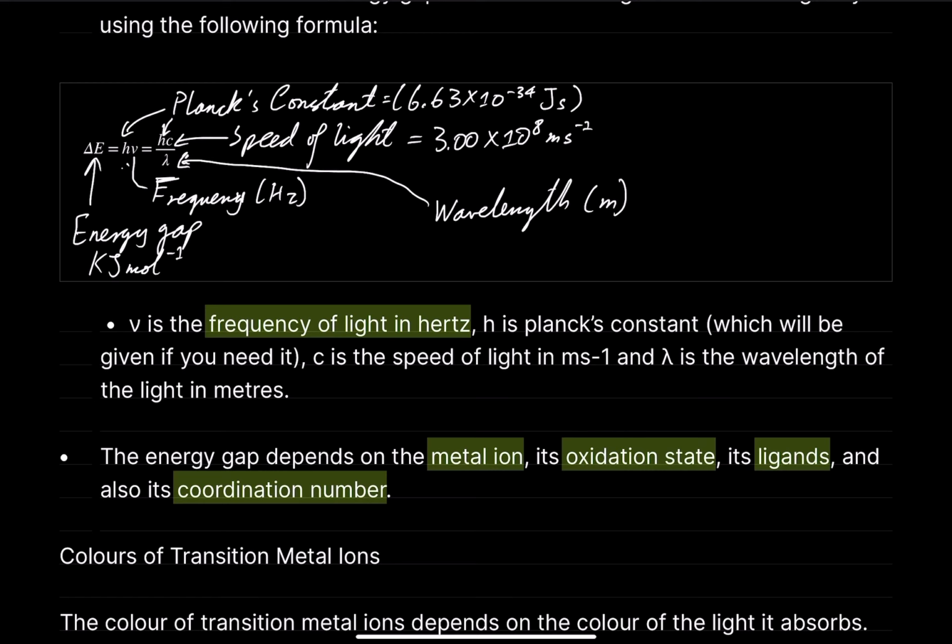If you have a tetrachloride instead of a hexaaqua, or a pentaaqua instead of a hexaaqua, the coordination number would affect the energy gap. So you need to know that the metal ion, the oxidation state, the ligands, and the coordination number all affect the energy gap, and different energy gaps correspond to different colors that you would see.